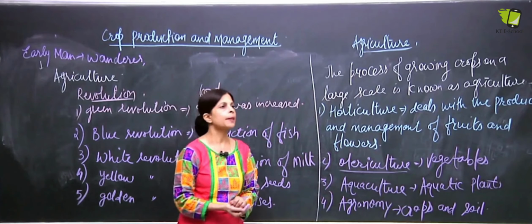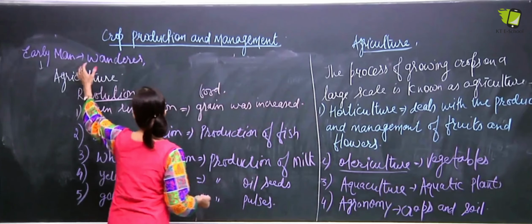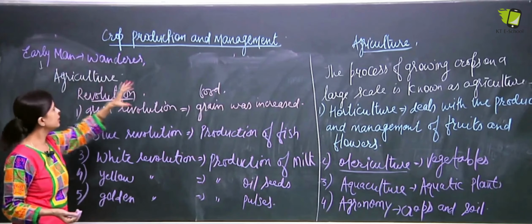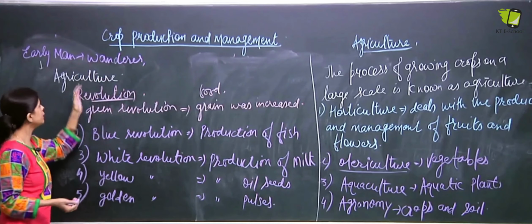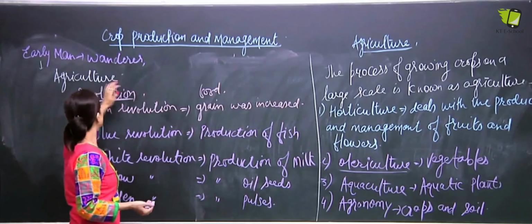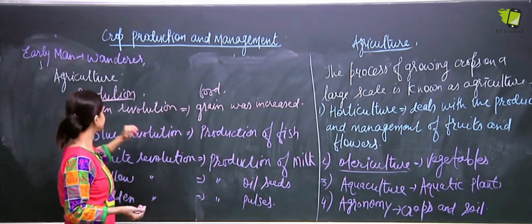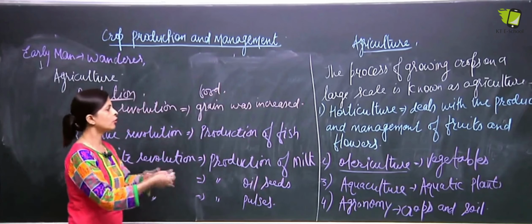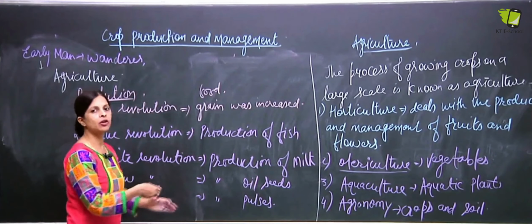Okay, just have a glance. Early man was a wanderer. He used to lead a rather nomadic life. Then somehow he learned to grow the crops, and so the agriculture came into existence. Then scientists started with certain revolutions so that the crop productions or one particular crop can increase.